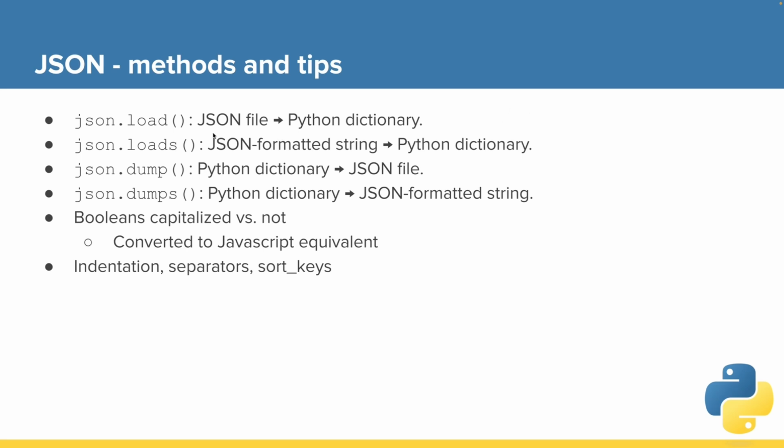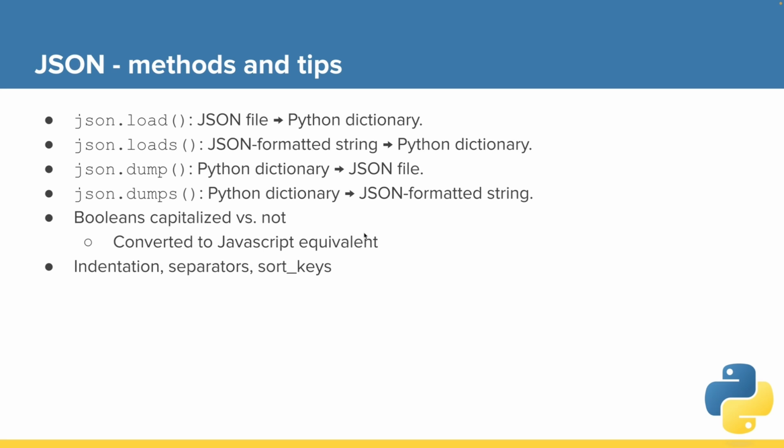You don't really have to worry about that, except just note primarily that Booleans are not capitalized in JSON, whereas in Python they are. That's probably the primary difference you have to worry about. We'll highlight some options here. I may not get into all of these very much, but I will show you in the summary text after the lecture some useful things to know about working with JSON.